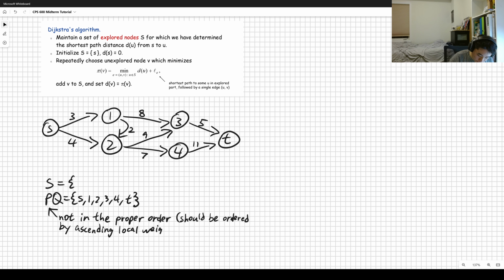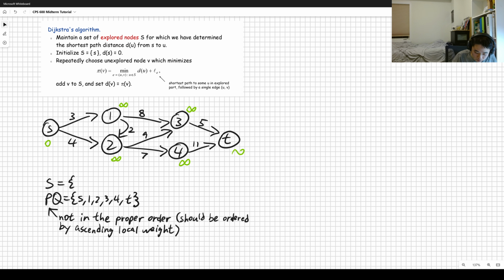Local weight is basically the weight cache we're going to mark on each node. They're the little numbers you see in green in the lecture, and I'm going to do the same here. I'm going to start S with 0, and the others are marked as positive infinity, of course, not negative.